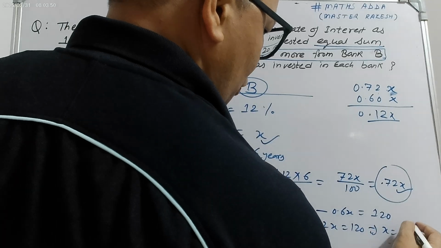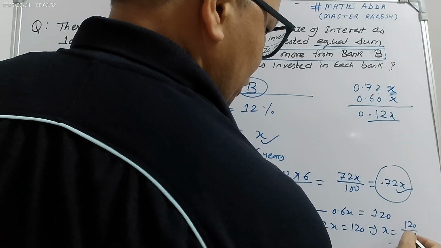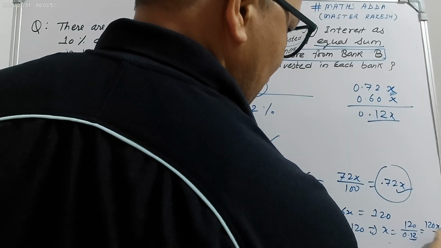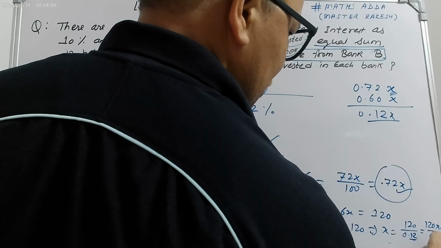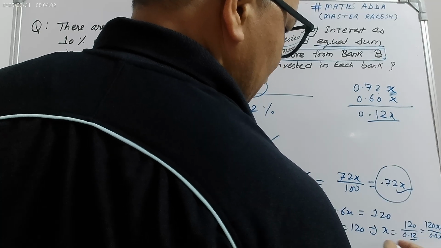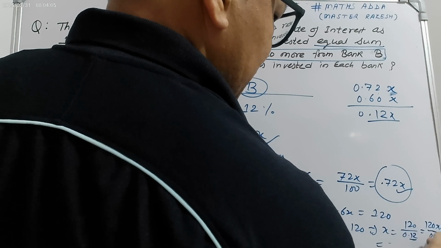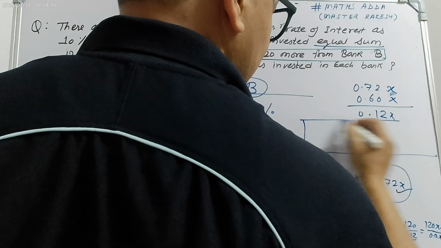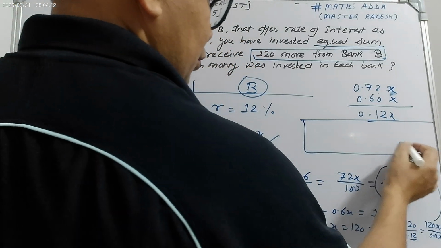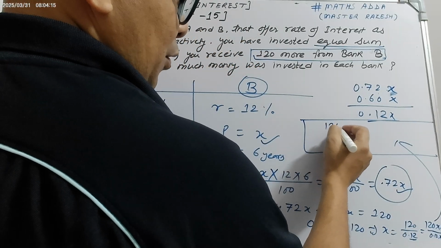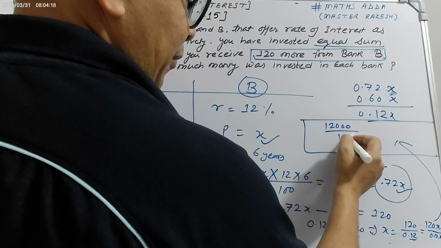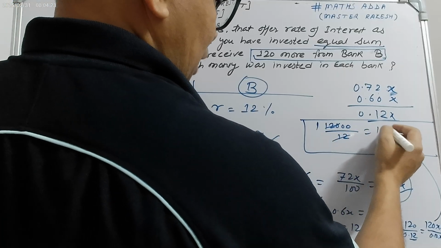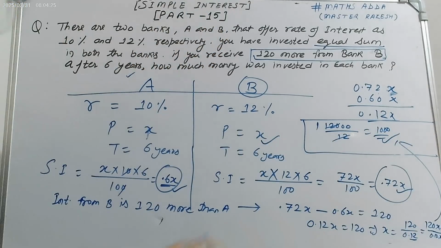So x equals 120 upon 0.12. With 2 decimal places, multiply by 100, so 0.12 into 100 makes the lower one 12, and the upper becomes 12000. 12 divided by 12 is 1, so it becomes 1000.